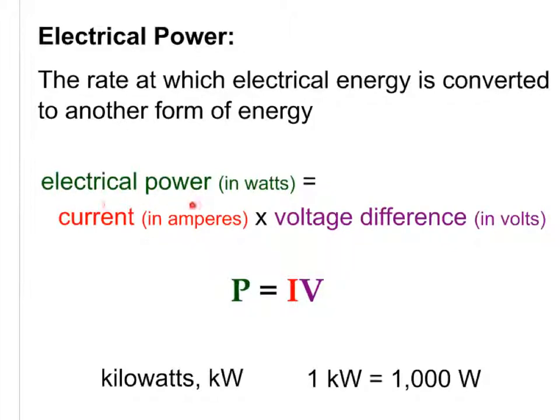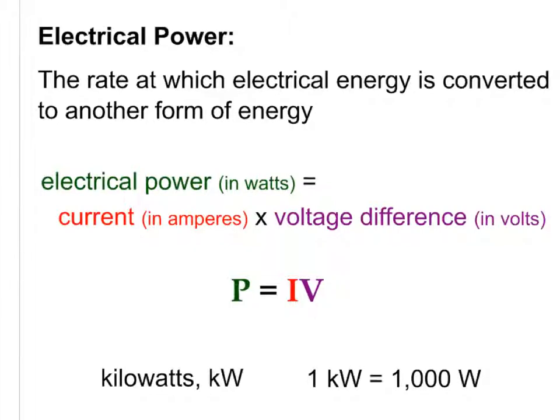When we talk about electrical power, we also use watts, just like we use watts with mechanical power that we've calculated before. But electrical power is going to be equal to the current in amperes times the voltage difference in volts. And that will give us our power in watts.